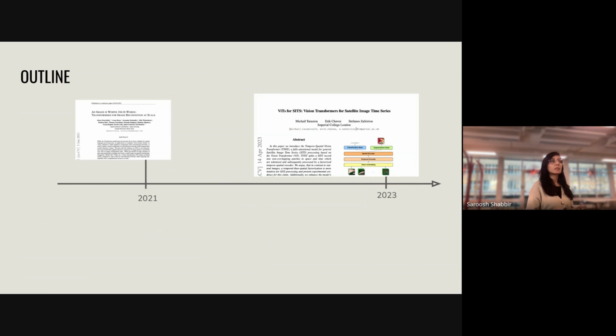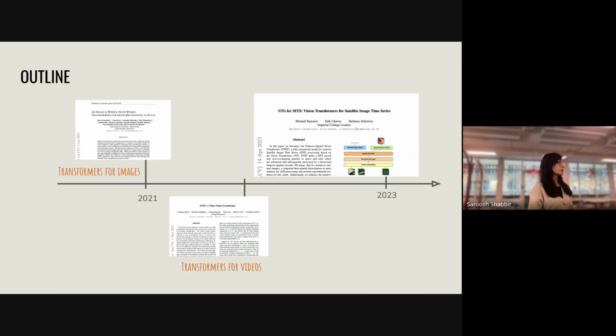In the process, we'll have to cover one of the first papers that applied transformers to images, which was back in 2021, and then a few more on the way, which was then transformers for videos in late 2021.